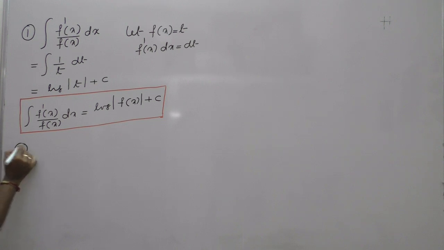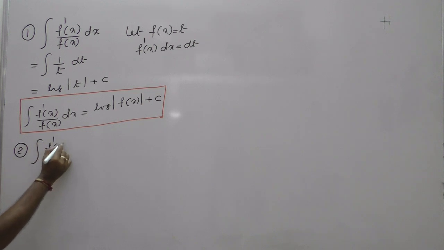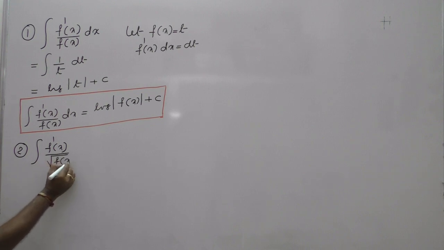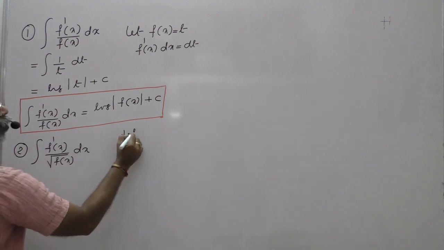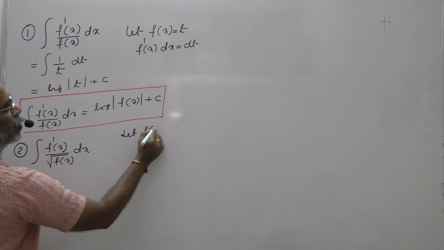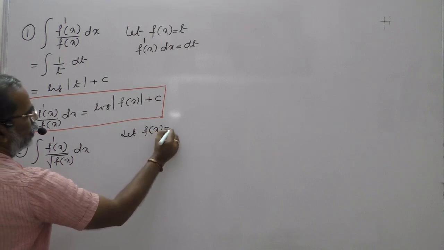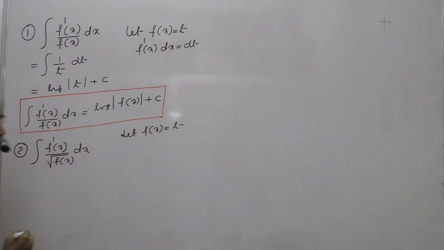Number 2. What is the integral of f dash x divided by root over f of x into dx? Yes. Again we will take the substitution, the same substitution. F of x is equal to t.